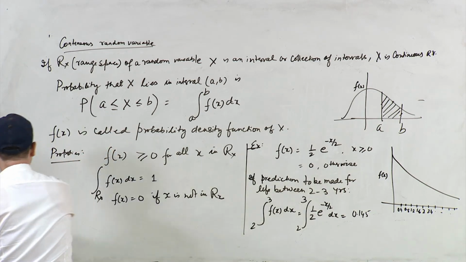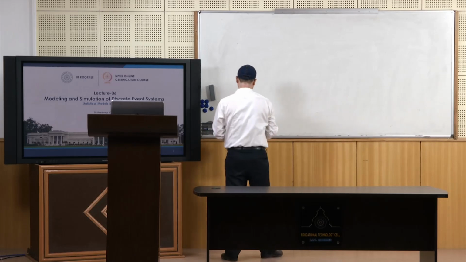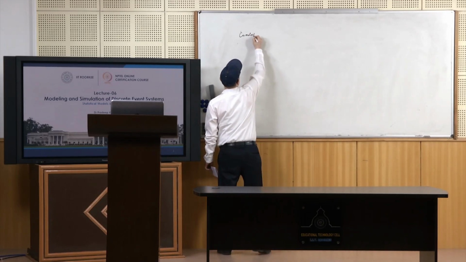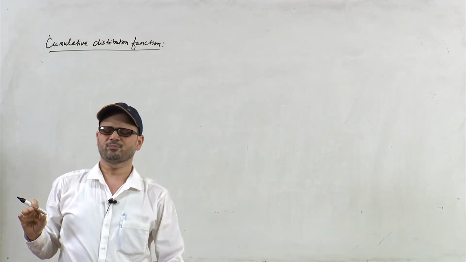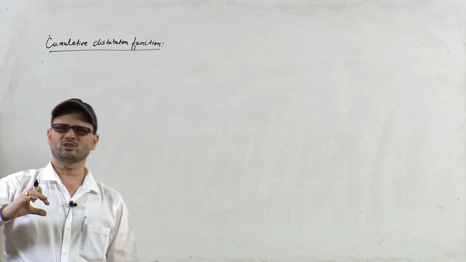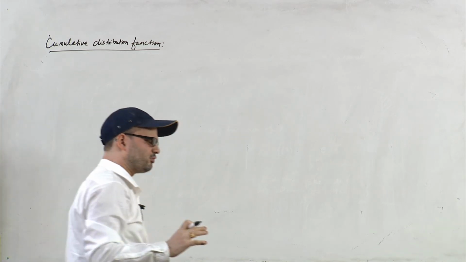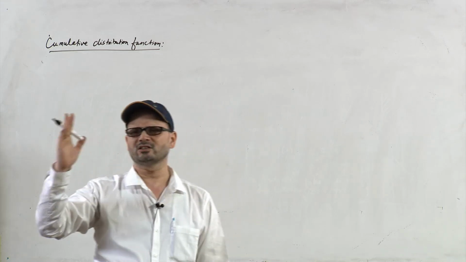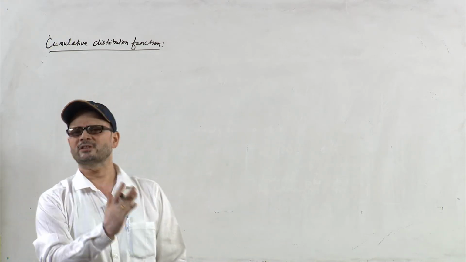Now, further we will define certain other parameters. Cumulative distribution function. It is again a function which talks about the cumulative effect. If we take the discrete case and want to find the cumulative value at a certain point, it will take the summation of all the values before that.